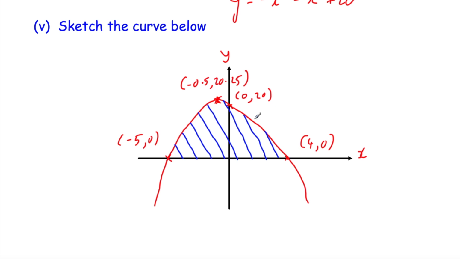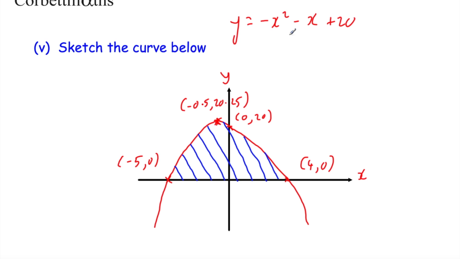And to find this area, the area enclosed by this curve and the x-axis, we're going to integrate the equation of the curve. We're going to integrate minus x squared minus x plus 20, and the limits are going to be 4 and negative 5, where it crosses the x-axis.